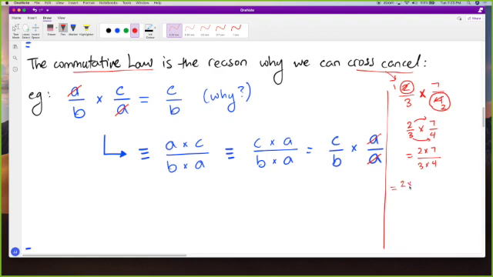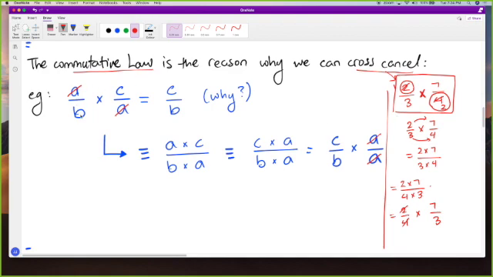I could say 2 times 7 all over, and switch around this 4 times 3. Multiplication is commutative. 3 times 4 is the same as 4 times 3. And then I could split it back up to get 2 over 4 times 7 over 3. So you see how the 2 cancels with the 4 now. So instead of going through all of this, this is the reason why cross cancelling works, because of the commutative law.